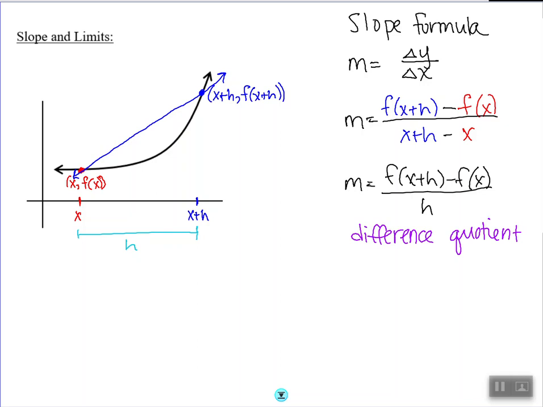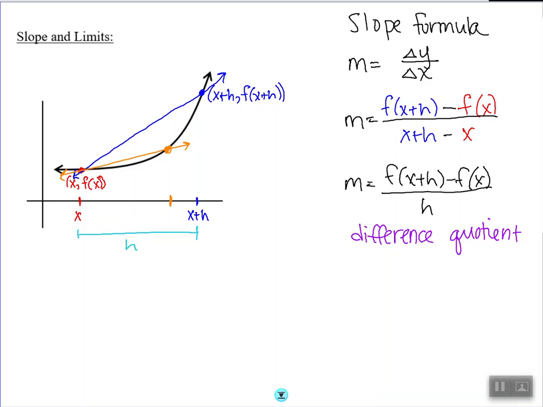As I mentioned earlier, the line that I've drawn on this graph is a secant line, not a tangent line. So instead of the blue point, I'm going to pick this orange point. And if I drew the secant line through that point, I would have a smaller h value.